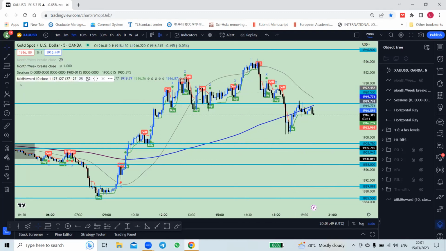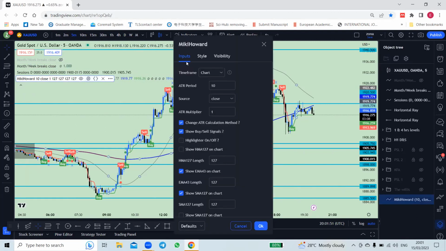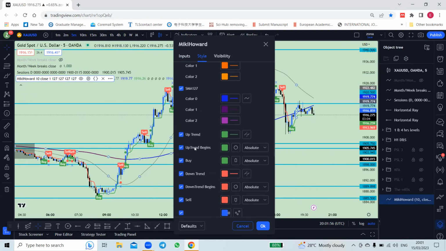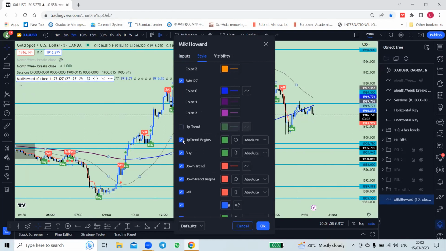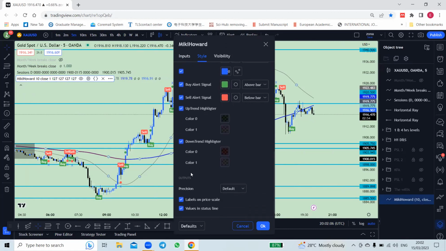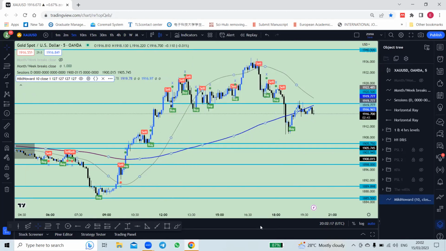Uptrend. And go to the bottom and highlight. Those two. The last one. Okay. Cool. All right. That's it. So now I'll give them back to you.